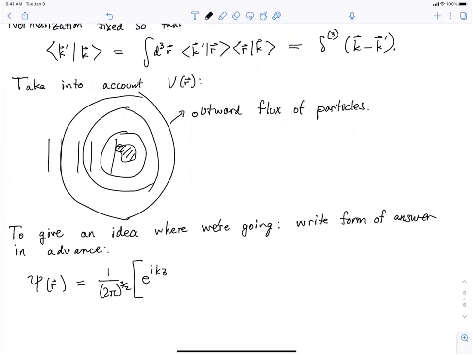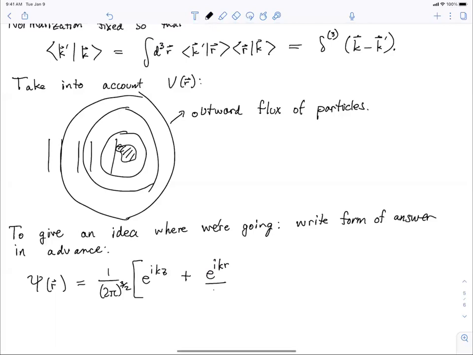That's describing our incoming beam of waves. And then our outgoing beam of waves is going to look something like this: e to the i kr. So instead of e to the i kz, it's e to the i kr because the waves are moving in the radial direction, and so constant phase is at constant radius.